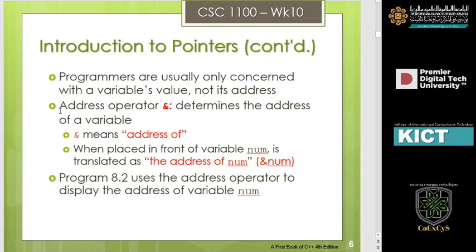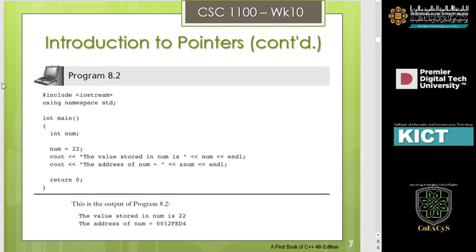Let's look at the example here, Program 8.2. We have a main function, num equals 22, cout the value, and then cout the address of that value. If you look at the output here, the address of num is this hexadecimal number.